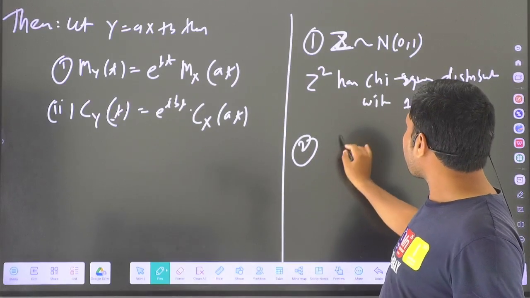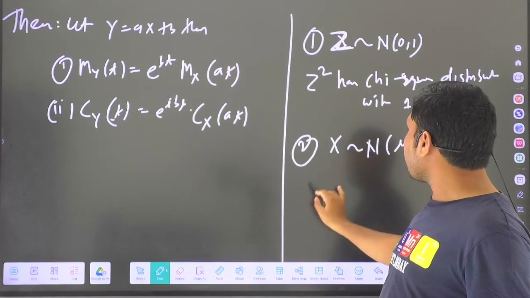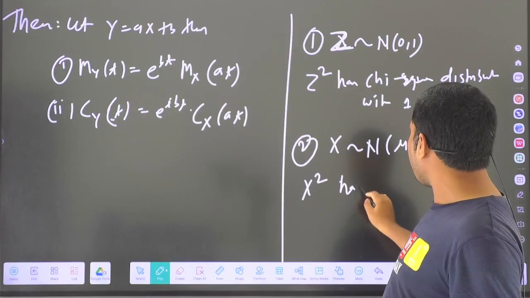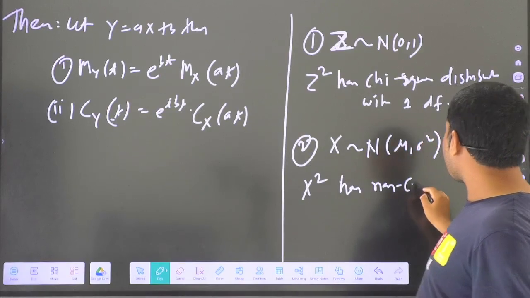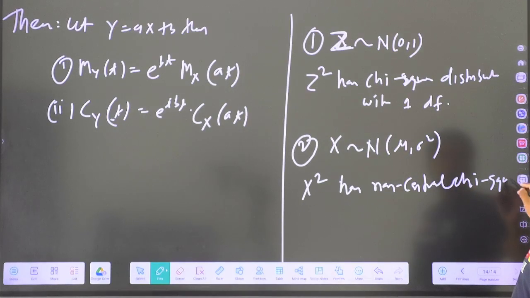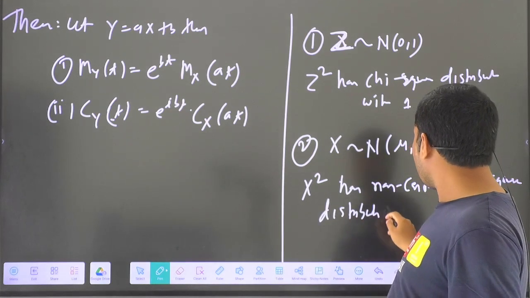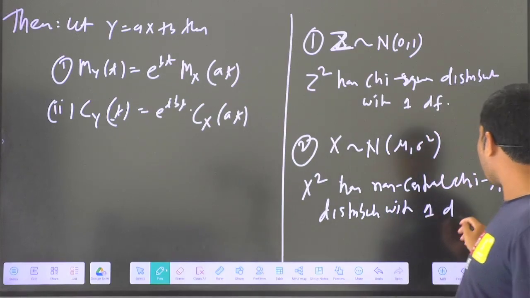If X is normal mu, sigma square, then X square has a non-central chi-square distribution with 1 degree of freedom.